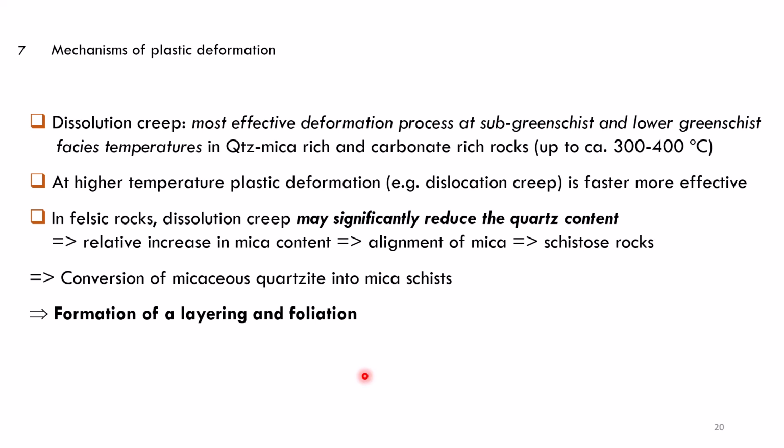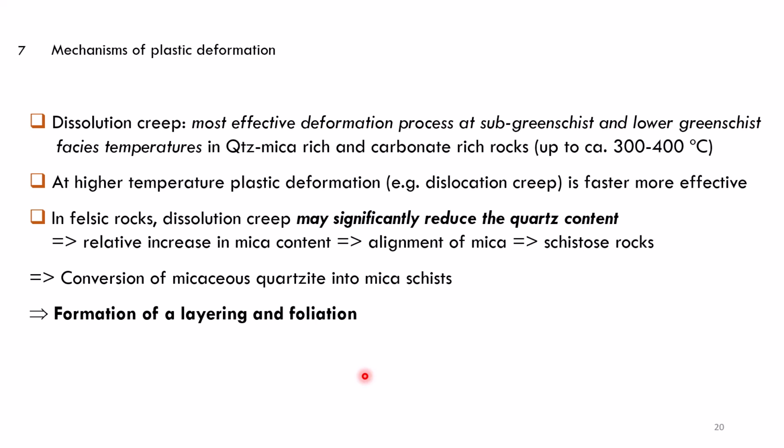For processes of plastic deformation, the temperature is too low. Only from about 300 to 400 degrees plastic deformation becomes important in silicate-bearing rocks. In carbonates, that threshold temperature is quite a bit lower.